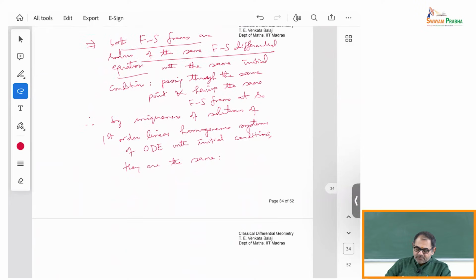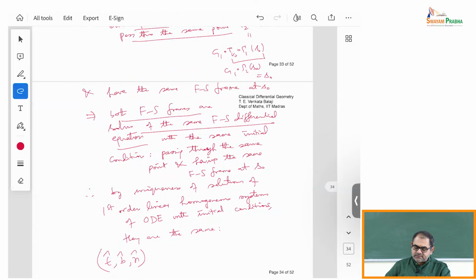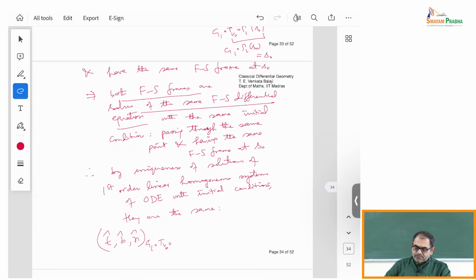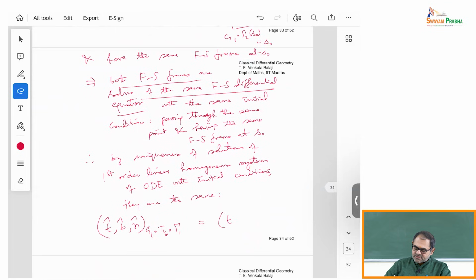Therefore, by uniqueness, you will get that the t cap, b cap, n cap of the transformed curve equal the t cap, b cap, n cap of gamma 2.